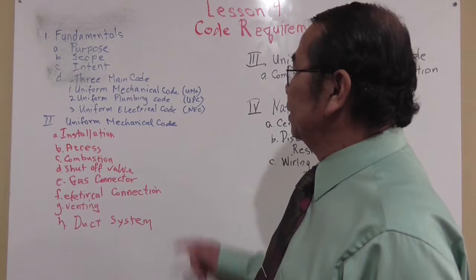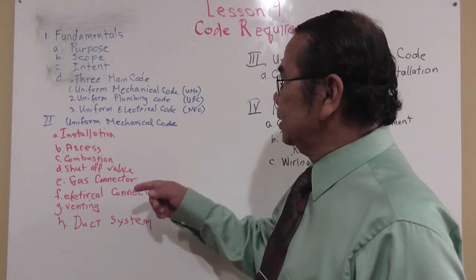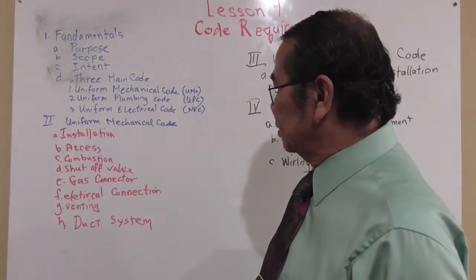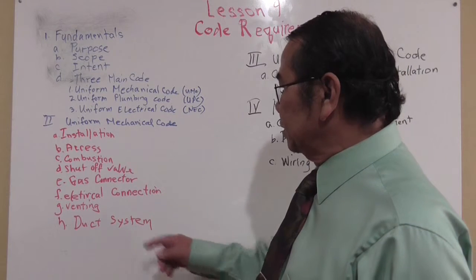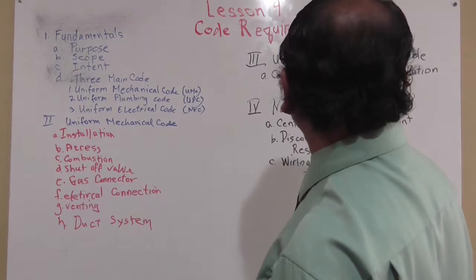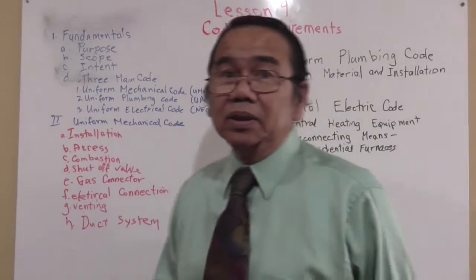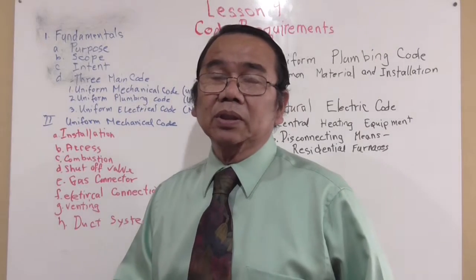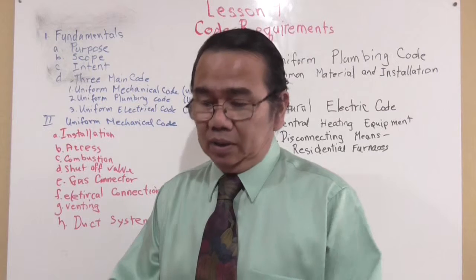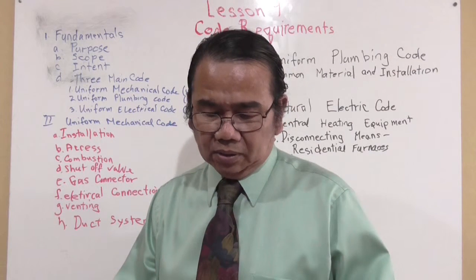When we talk about the code, we talk about installation, access, combustion, shut-off valve, gas connector, electrical connection, venting, and duct system. And then there is the Uniform Plumbing Code, and the National Electric Code. This is very important, because if you do your work in accordance with the code, just in case something happens, you can support yourself that everything you did is in accordance with the code.